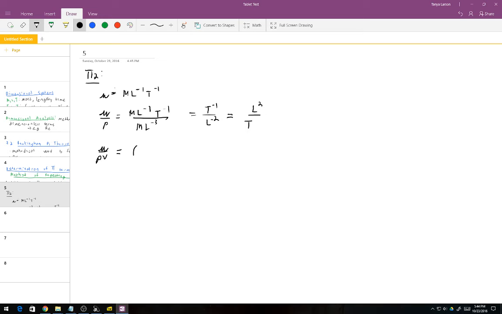But in the next lesson, we'll see how to use systems of equations to solve for these powers directly. But L squared over T times 1 over L T to the negative 1, that's our velocity.